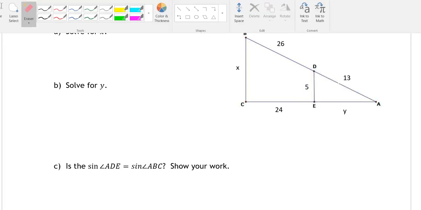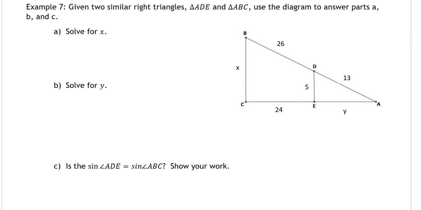Circle them. ADE, which is sides 5, 13, and then Y I don't know. Okay. And then triangle ABC is my red triangle. So X I don't know.